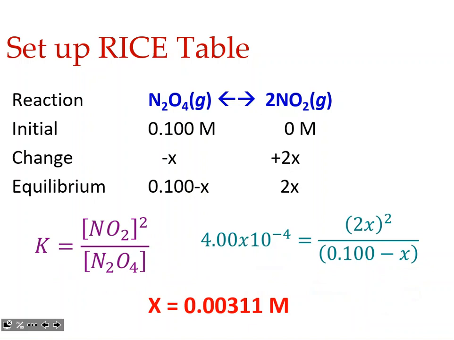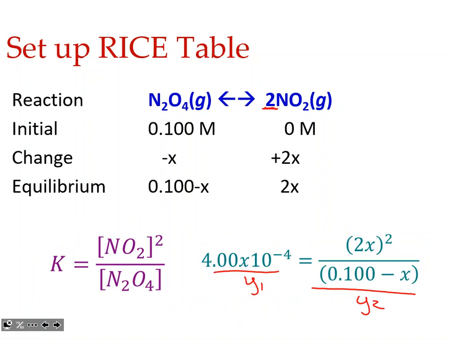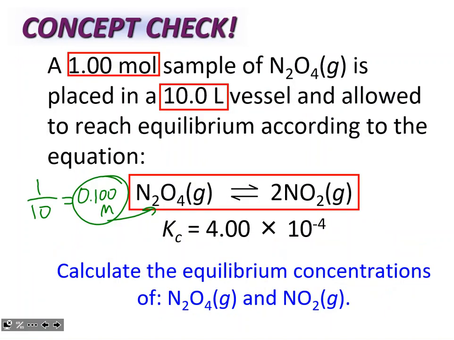I know it's 0 because it tells me the only thing in there to begin with is ammonia. I'm sorry, it tells me, I know it's 0. In this case, we're talking about the dinitrogen tetroxide. I know it's 0 because it tells me in the problem, let's go back to the problem. Right here, the sample is placed in the vessel and allowed to reach equilibrium.